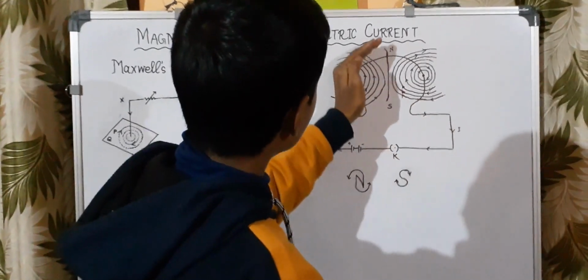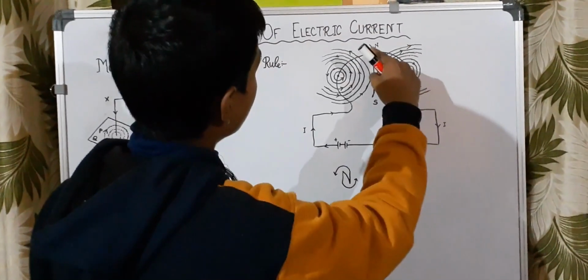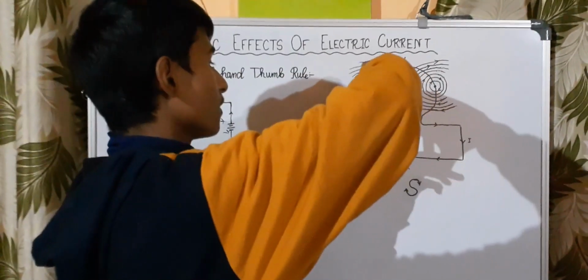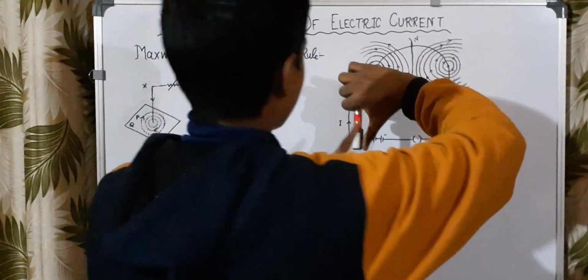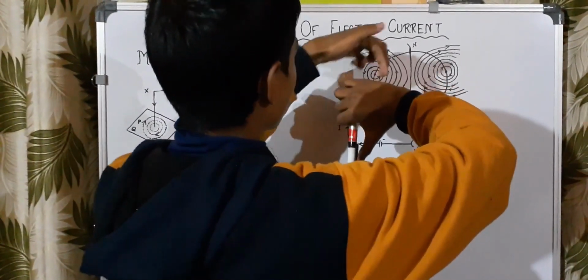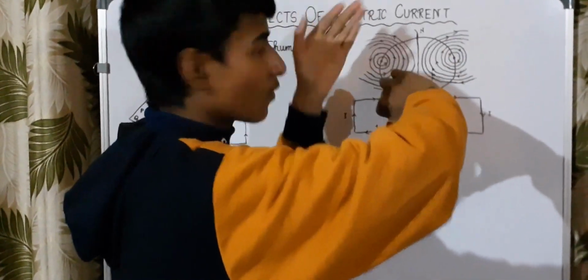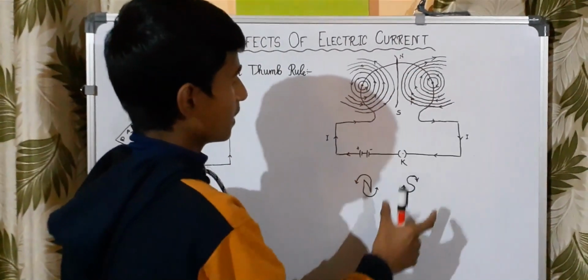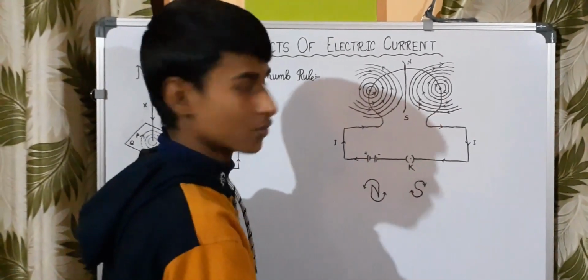But after moving through this way, the direction of the current is downward. So by the right hand thumb rule, with the current downward, the magnetic field direction would be clockwise. And a very easy way to remember it is the clock face rule.